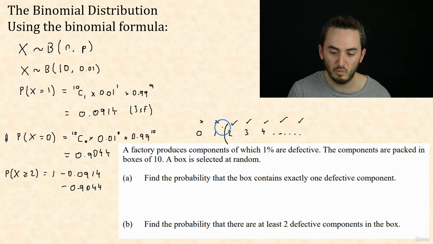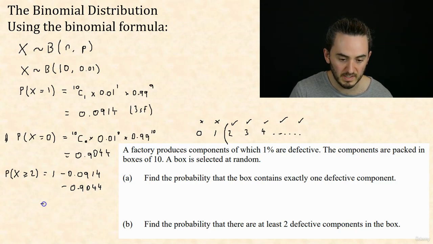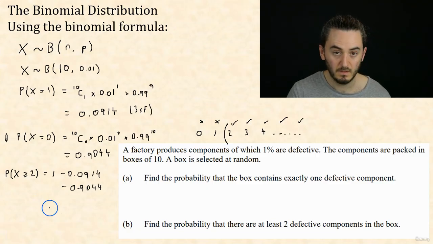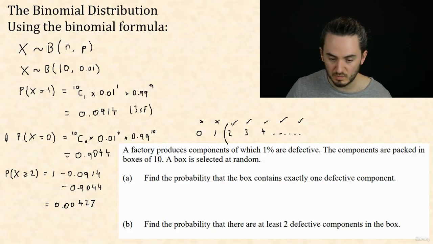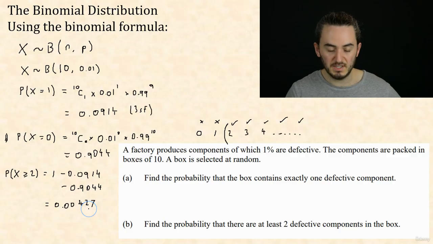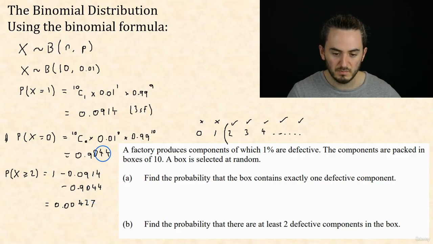That leaves us with only the things we're interested in. Subtract each of those and we get 0.00427.